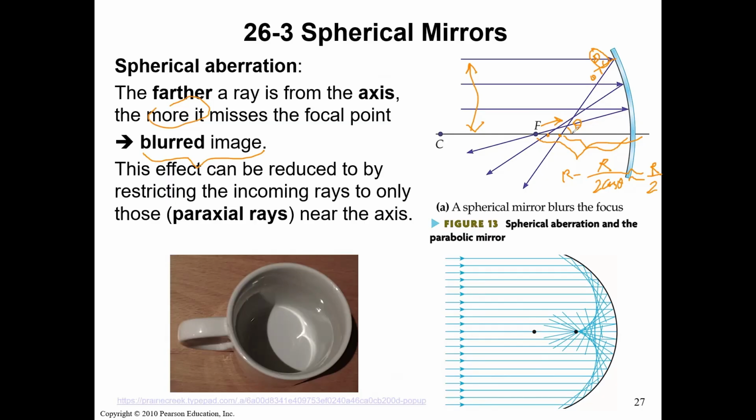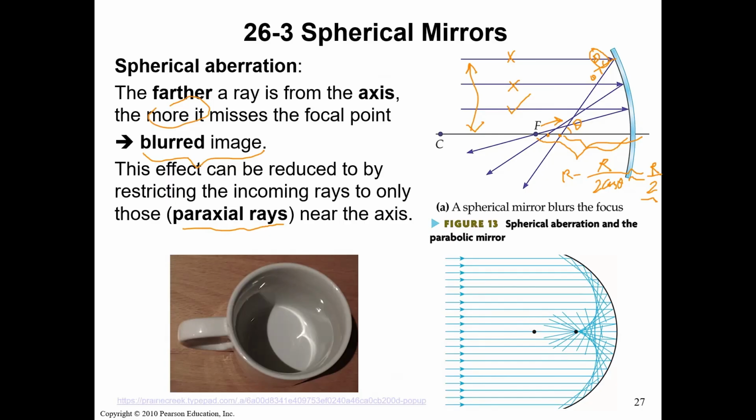If you want a sharp focus, you can remove all those light rays of large angles and only keep the light rays of small angles. Those small angles will follow this formula, and the focal length is about half r. Those rays are called paraxial rays. Paraxial rays will help you make a sharp focus.